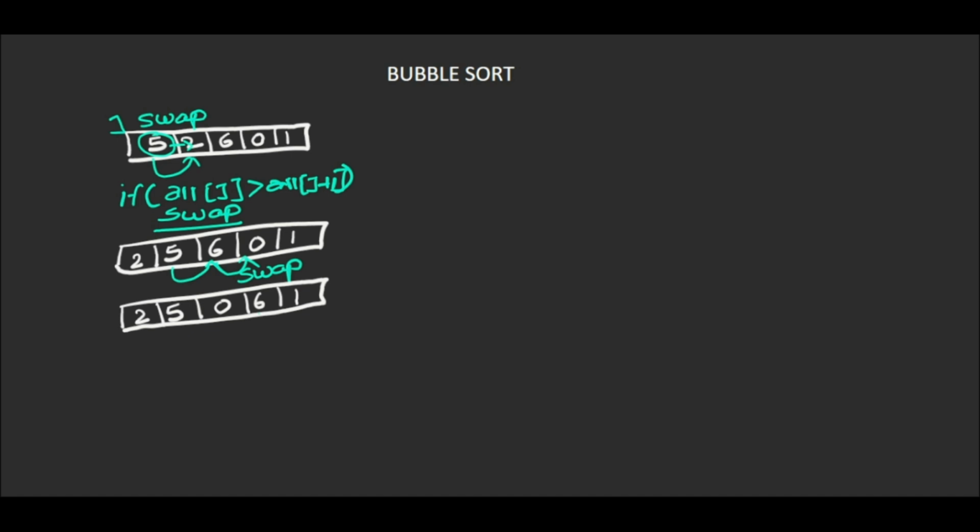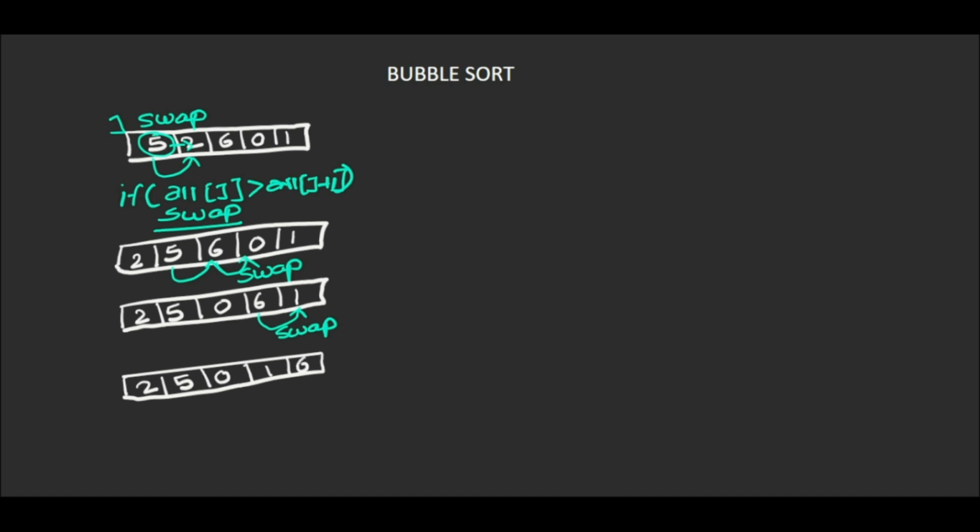Now the index has come up to this element. Now we will compare 6 to 1. Since 6 is greater than 1, again we need to swap. So after swapping, we'll get the array 2, 5, 0, 1, 6.